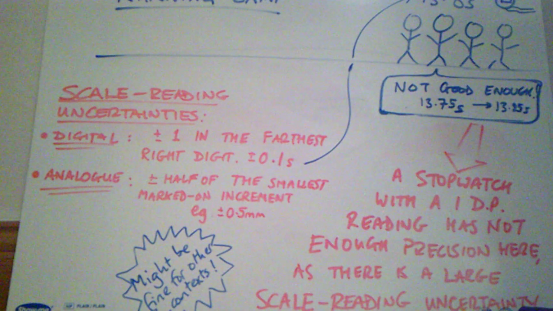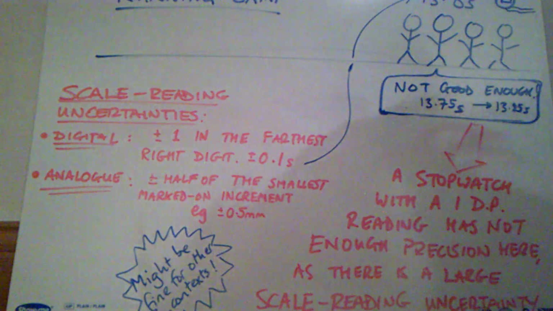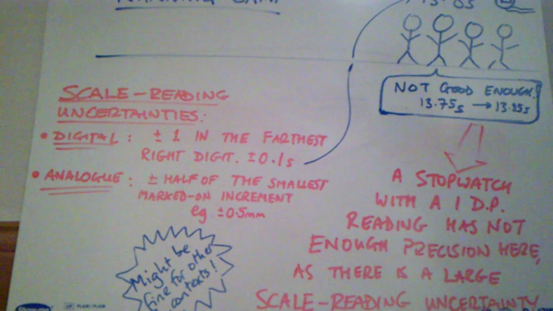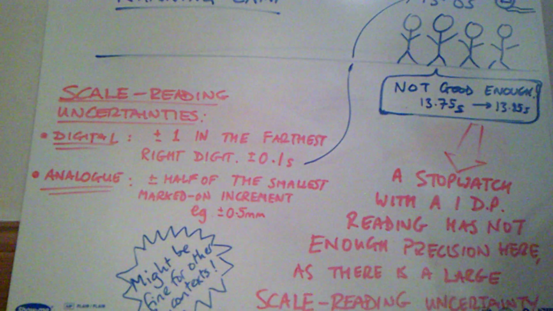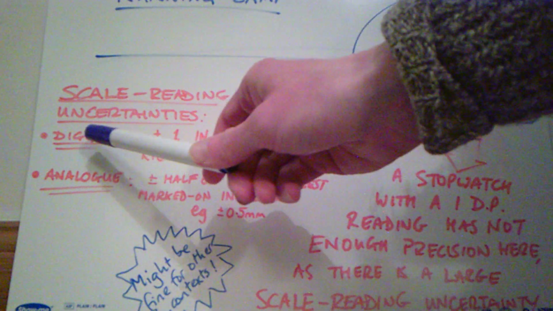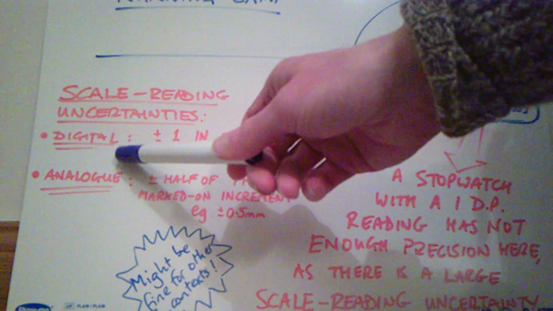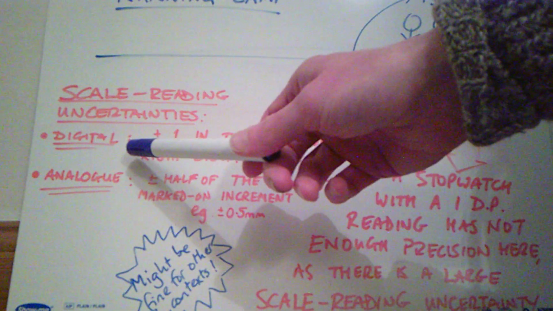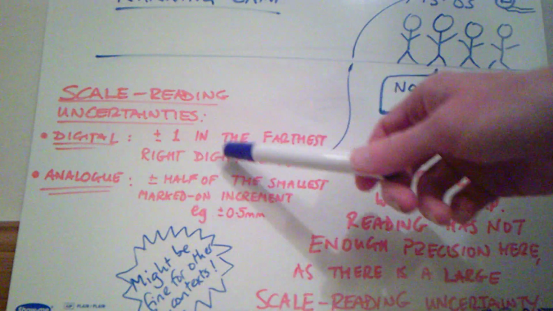So scale reading uncertainties are about the preciseness, the fineness of detail in your measuring device. How do we get a number which represents the size of the scale reading uncertainties? Well, if it's a digital device, meaning a number is displayed, then we say the scale reading uncertainty in that digital device is plus or minus 1 in the farthest right digit.